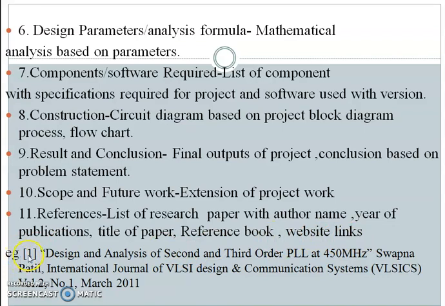You are supposed to write the references with the number in square brackets, followed by the title of the paper, author name, then you can have the paper details. For example, it is defined in the VLSI design, with the year of the publication.